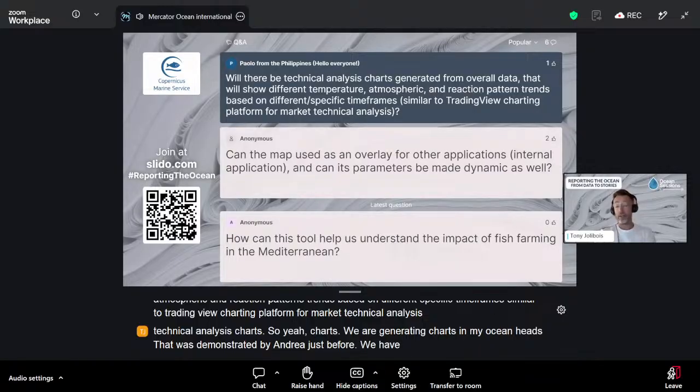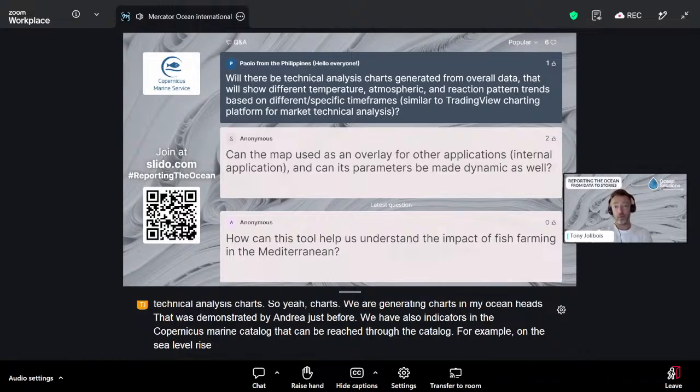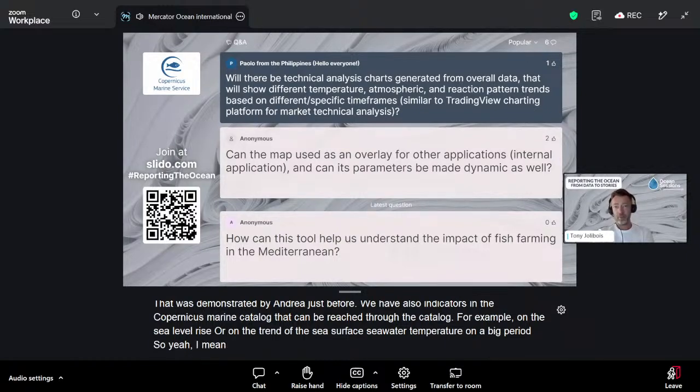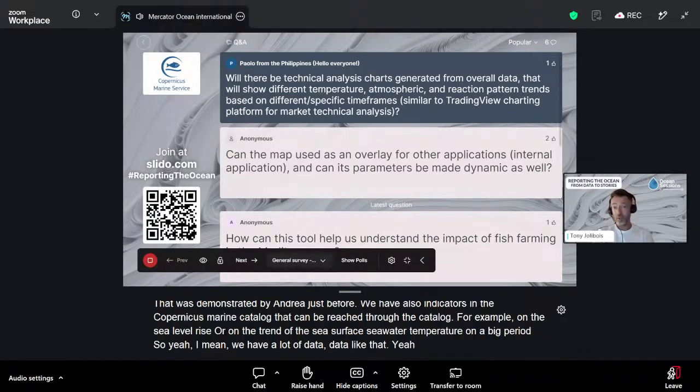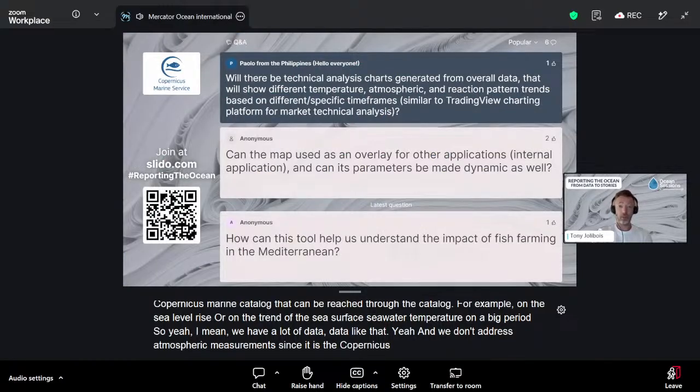We also have indicators in the Copernicus Marine Catalog, for example, on the sea level rise or on the trend of the sea water temperature over a long period. We don't address atmospheric measurement since it is covered by the Copernicus Atmosphere and Climate service.